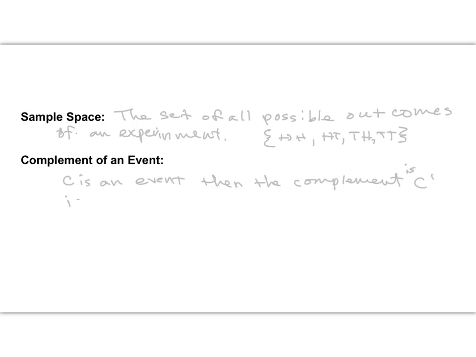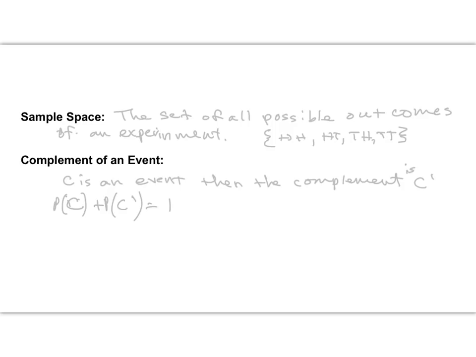Okay, C and C naught, the probability of C plus the probability of C naught is equal to 1. It's everything that C is not.